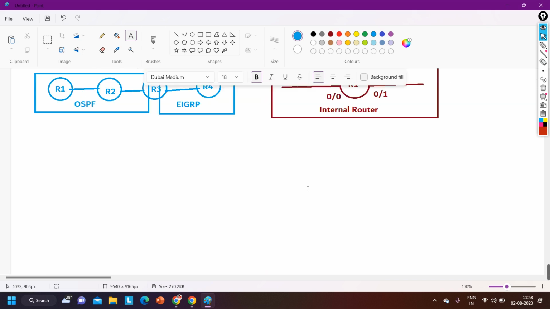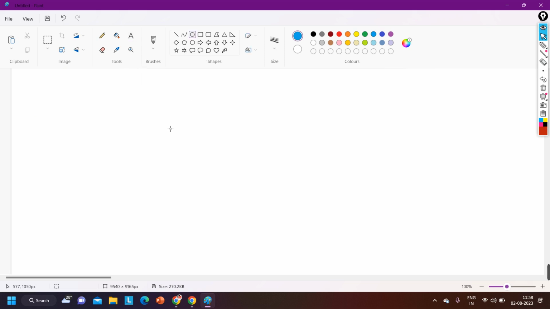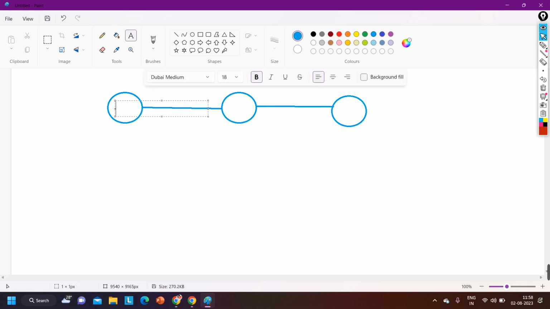Now, see, I have some routers, R1, R2, R3. Understand how OSPF exchanges routing information when I configure OSPF on router 1, R1, R2 and R3.